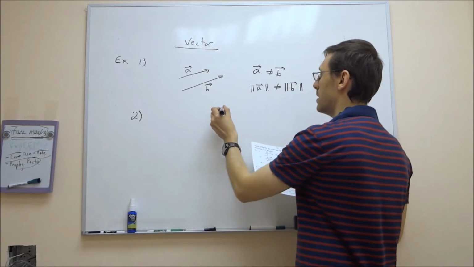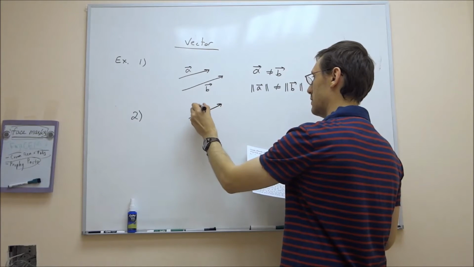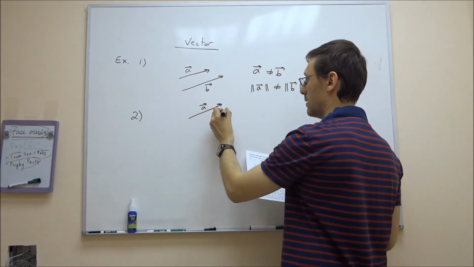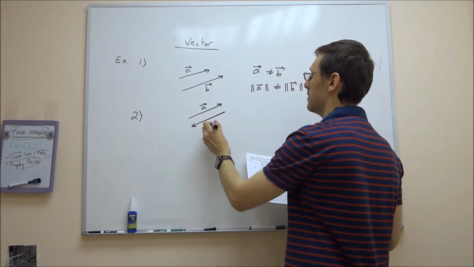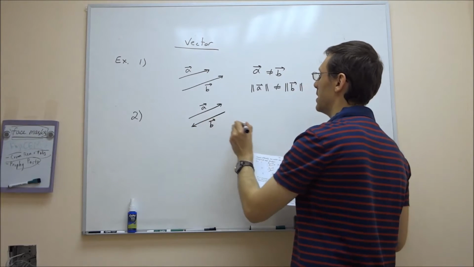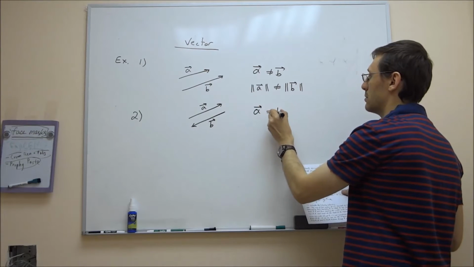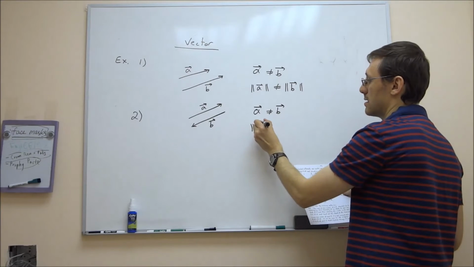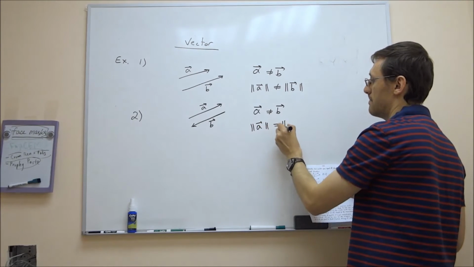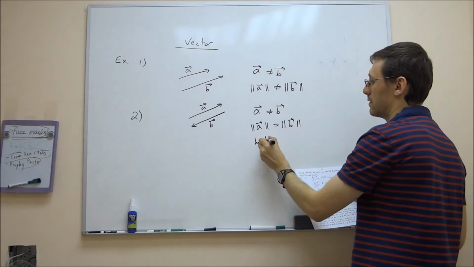Example 2. Here we have another picture. Here is vector A, and here is vector B. Again we have that A is not equal to B. In this case, the sizes are the same, but the direction is different.